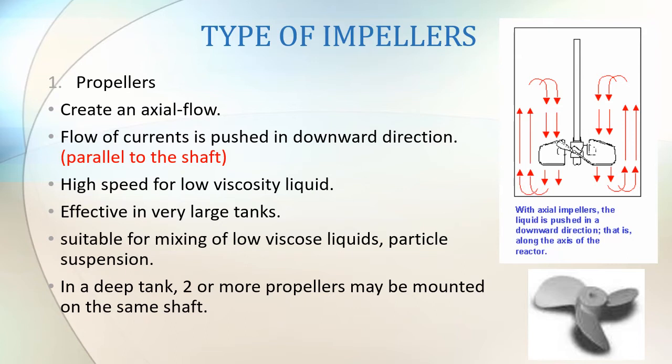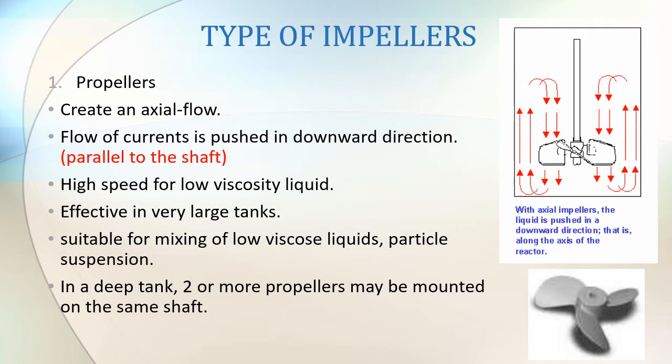First of all, your mixture or solution will come, the flow will come down and then go up, come down and go up. This is what it means that the flow pattern is parallel to the shaft. It is usually used at high speed for low viscosity liquid, and it is effective for a very large tank.